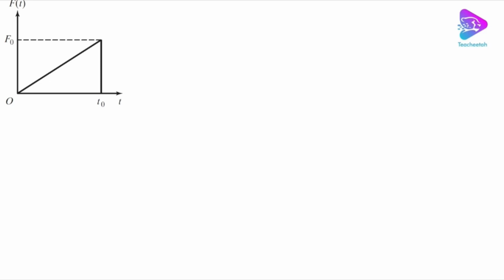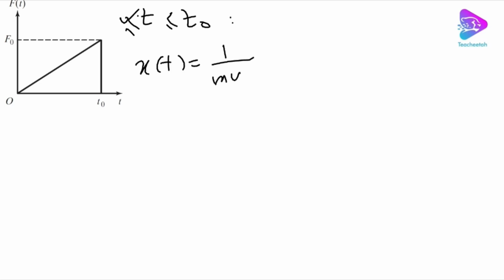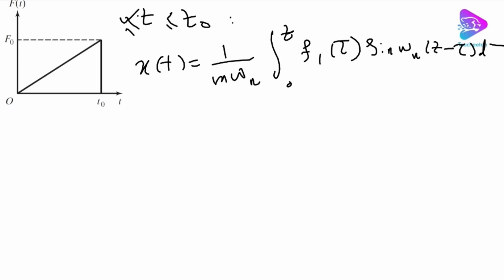So let's say for t between 0 and t naught, x of t would be equal to 1 over m omega n, integral from 0 to t, because t is varying from 0 to t naught, of f1 tau sine omega n (t minus tau) d tau.